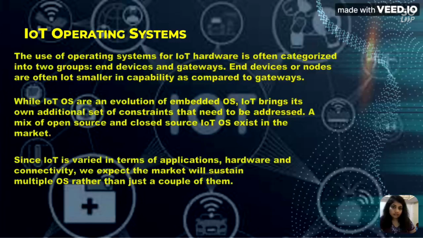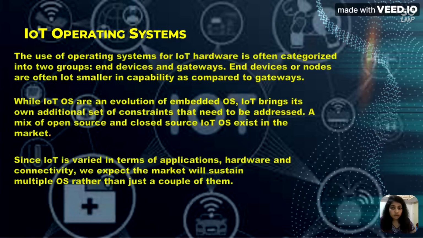IoT operating systems are ones which enable the user to perform the basic operations on internet connected devices. The use of these operating systems has been categorized into two major groups, that is end devices and gateways. End devices or nodes are often smaller in connectivity and capability as compared to the gateways.